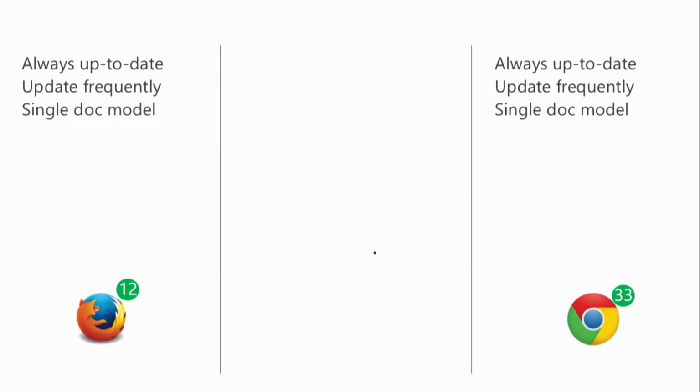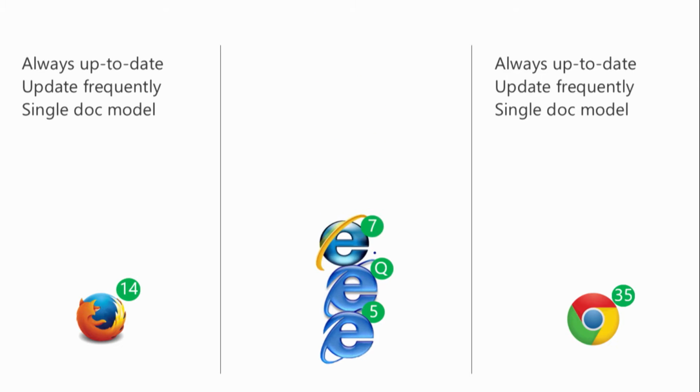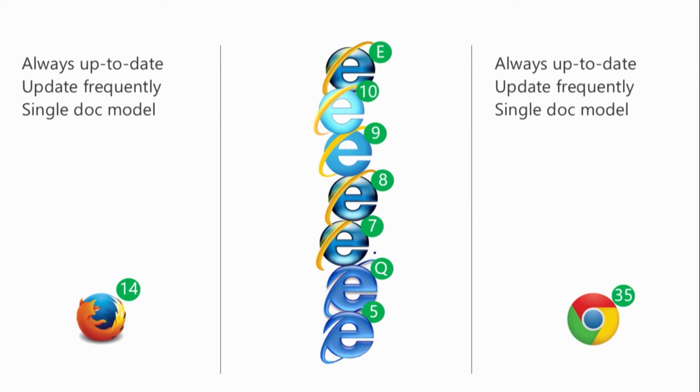So in the meantime, the competitors were having always up-to-date browsers, like Firefox or Chrome. So they were frequently updating their browser and their engine, and for you it was quite okay. But us, we have IE5 quirks mode, the 7 mode, the 8 mode, the 9 mode, the 10 mode, the Enterprise mode, and finally the 11 mode.